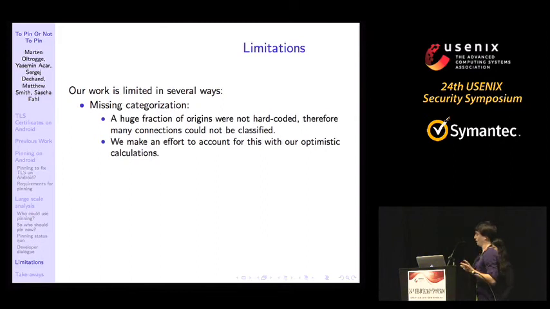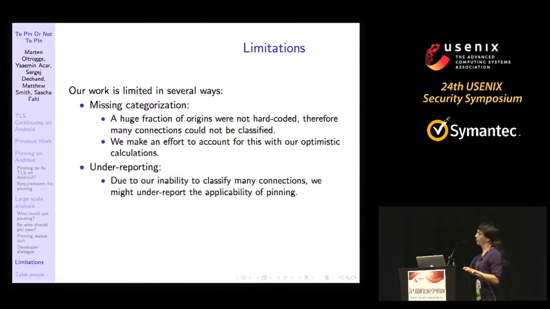We tried to account for this by splitting up our evaluation into an optimistic and a conservative part, as just described. Our results might suffer from underreporting due to the inability to classify a hugely significant fraction of connections. We might underreport the applicability of pinning.